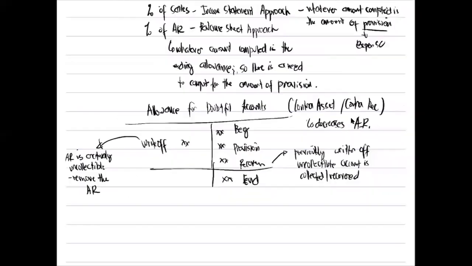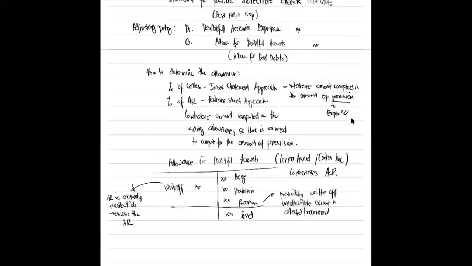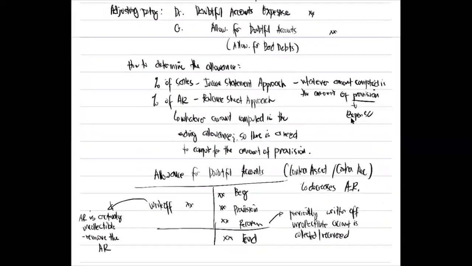Okay. So here, our main adjusting entry is a debit to doubtful accounts expense and a credit to allowance for doubtful accounts. And how do we determine the allowance? We use your percentage of sales or percentage of AR. So under percentage of sales, income statement approach, whatever amount computed, that is the amount of provision or expense.